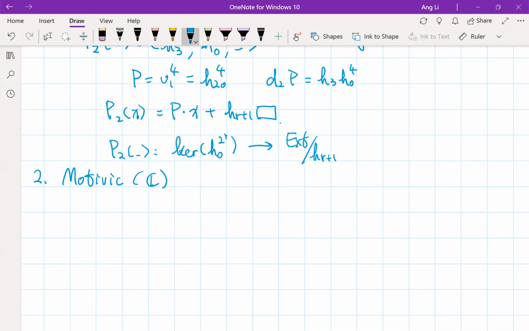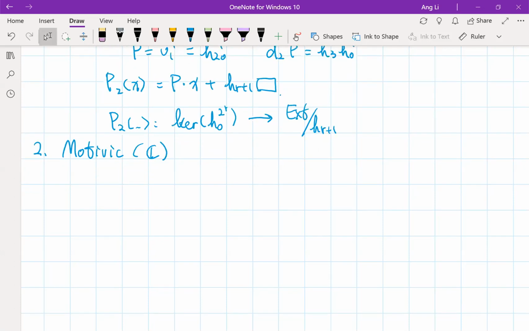So briefly speaking, there is a stable homotopy category, and the spheres become bigraded. That's kind of important. And from there, we still have a motivic Adams spectral sequence, developed by Dugger and Isaksen.